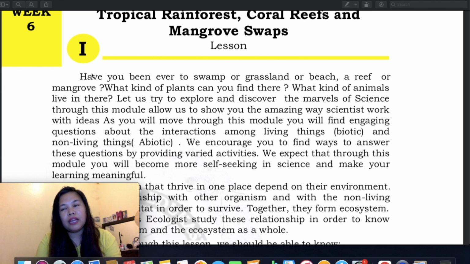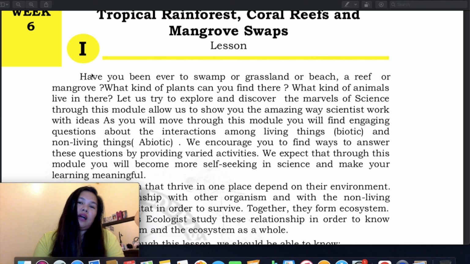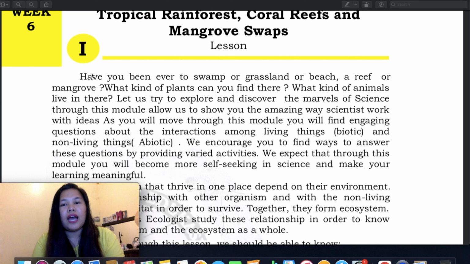Pag ang sagot nyo naman ay oo, mas mainam dahil familiar na kayo sa environment. What kind of plants can you find there? Mga nakasagot ng oo, ma-identify nyo kung ano yung mga plants na nandoon sa swamp, sa grassland, sa beach, sa reef, at saka sa mangrove.